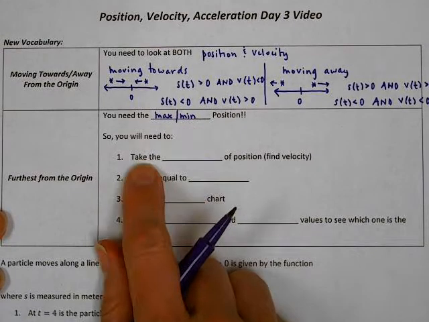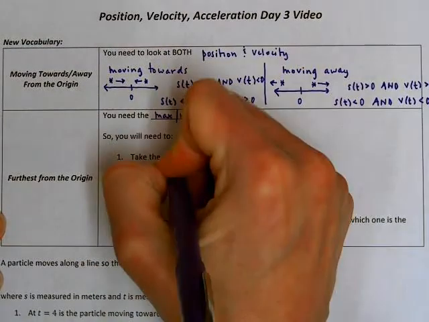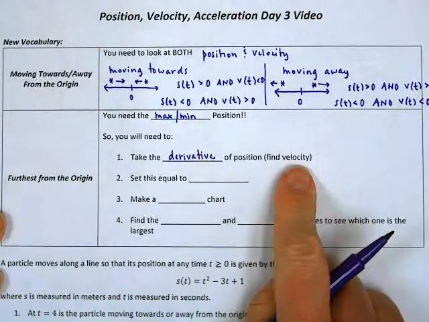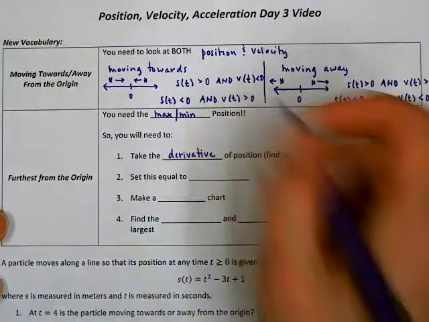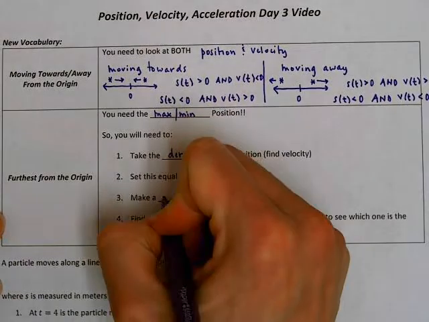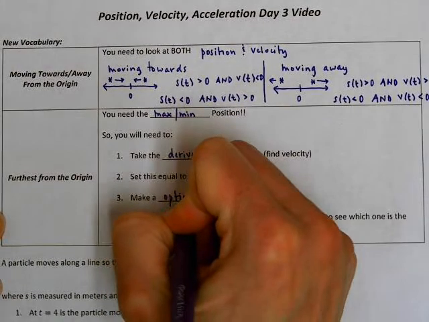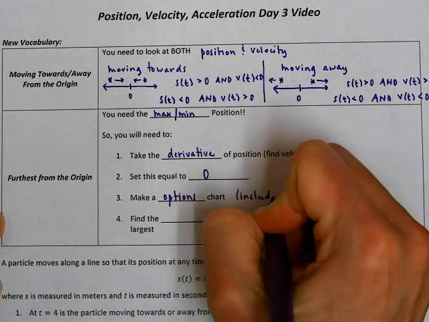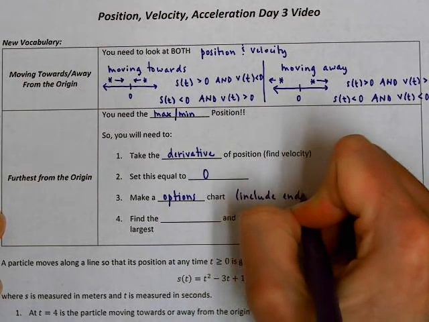So to find this out, we're going to take the derivative of position, which is our velocity function. We're going to set this equal to zero, and we're going to make an options chart. And that's going to include the endpoints of the interval that we're given.